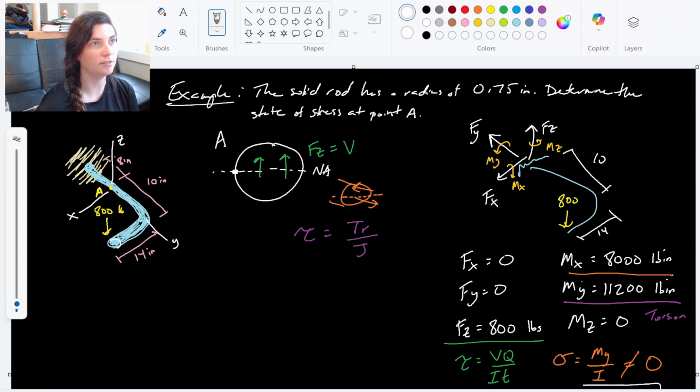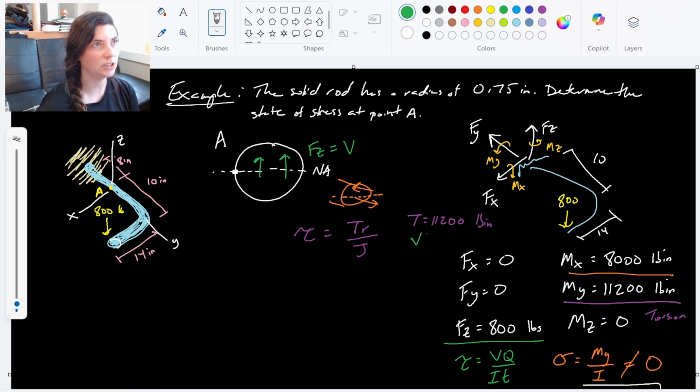So we found our values. We have the 800 pounds for shear, and the torque is 11,200 pound-inches.